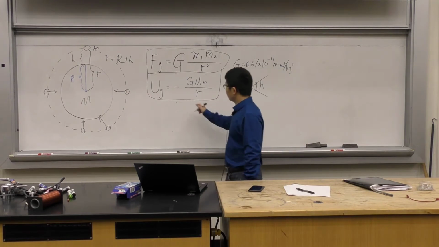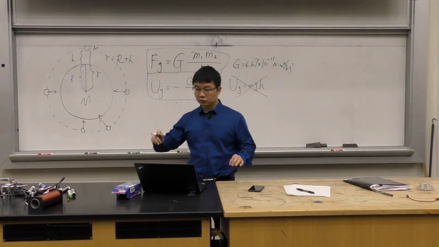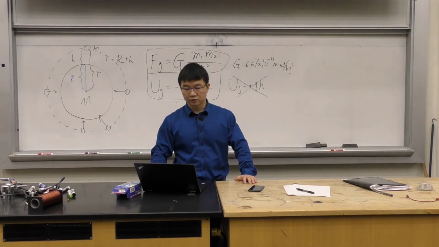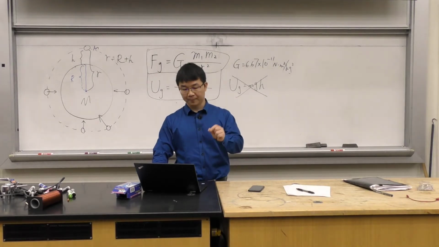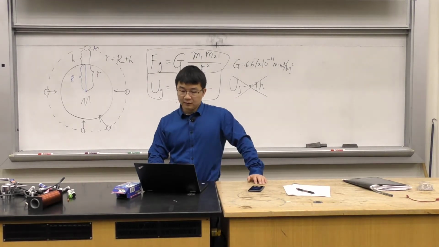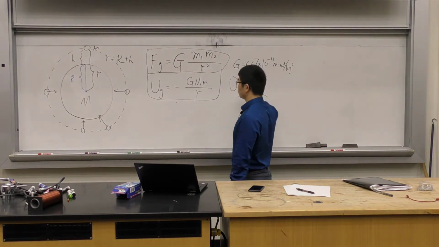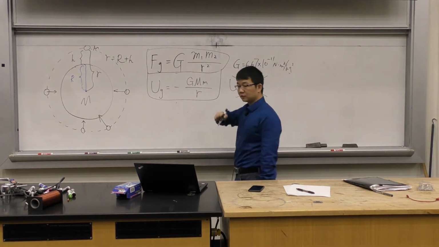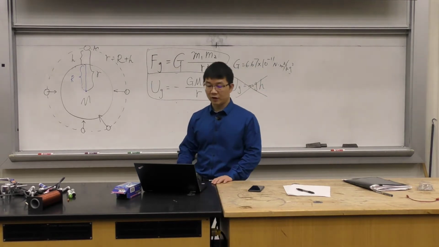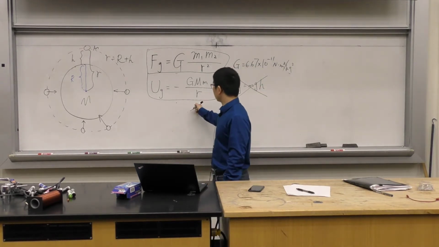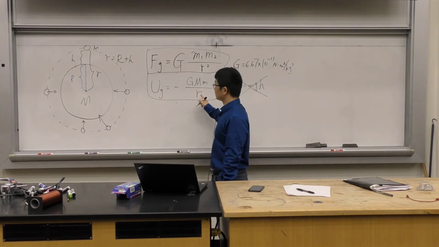Whenever we need to calculate gravitational potential energy in this part, we just use this equation. Forget about that one; we don't use that one anymore. Only in this chapter, the gravity chapter, we're going to use this equation, and the only variable is going to be this little r.